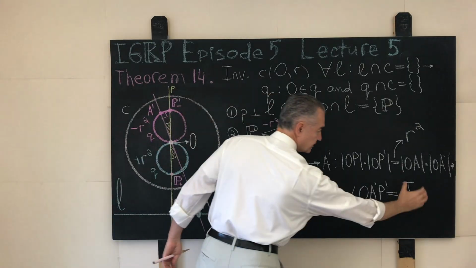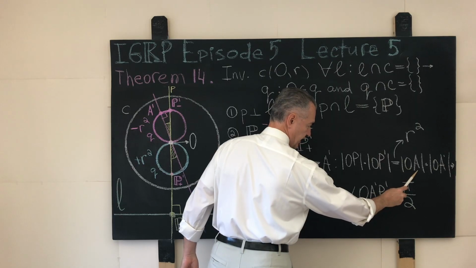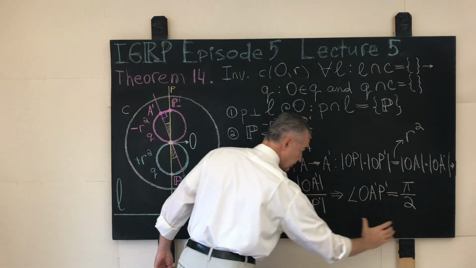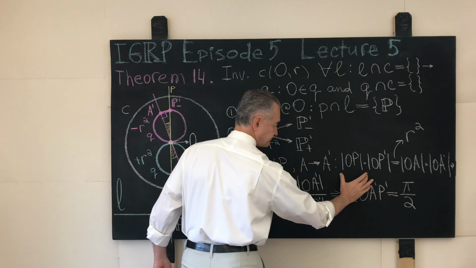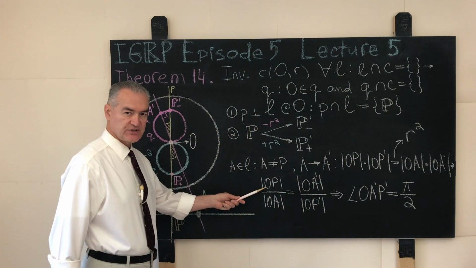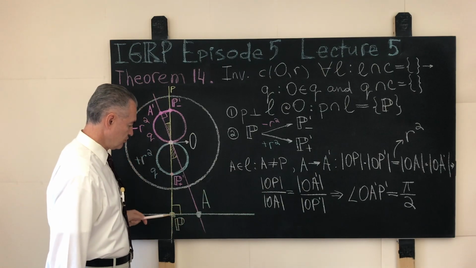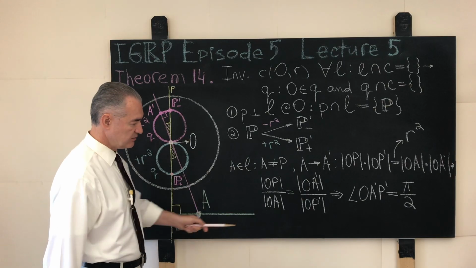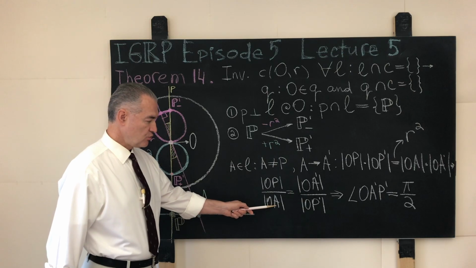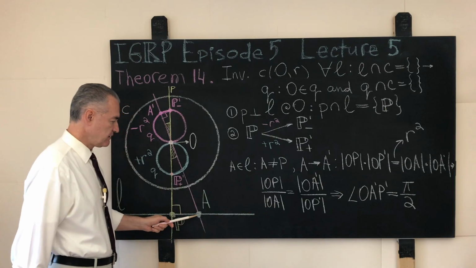Well, we steal one copy of the distance from the center of inversion to the pre-image point A, and we move it from the right-hand side of the equal sign to the left-hand side in the denominator of the left-hand side over here. The distance from the center of inversion O to the point P, over, when it's divided by the distance from the center of inversion to the sample point A on the straight line L, distinct from P.